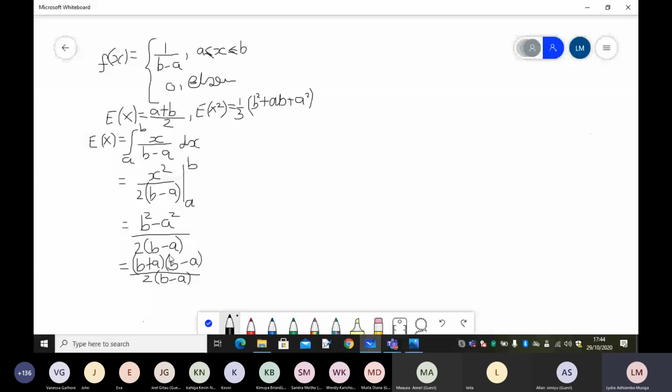So b minus a cancels with b minus a, and our answer is b plus a over 2. And so we have shown the expectation is a plus b over 2.